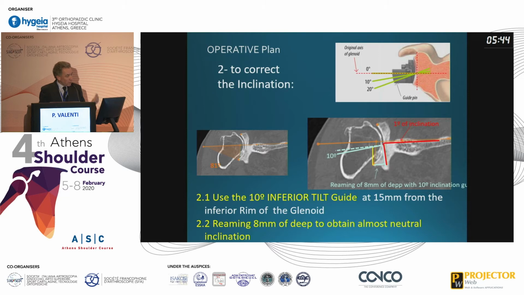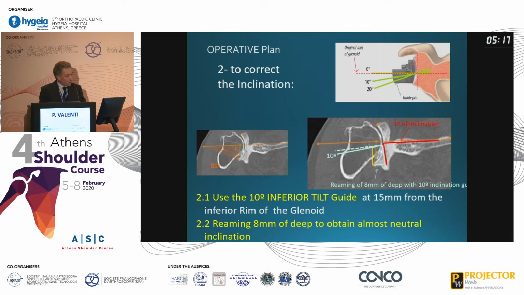So you do the same for the inclination. You define the line of the supraspinatus, and after, if you use a small base plate inferior to this line, you try to correct. If you want 10 degrees of inferior tilt, you have to rim 8 millimeters, and after you put a bone graft superiorly.